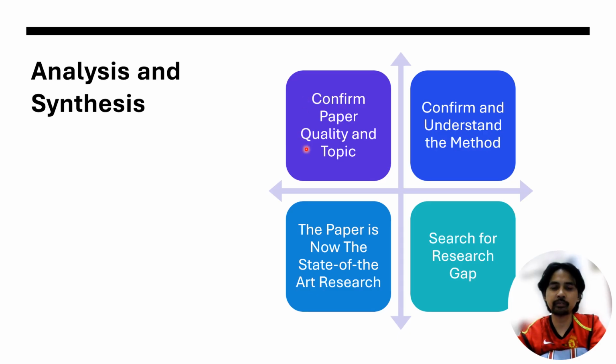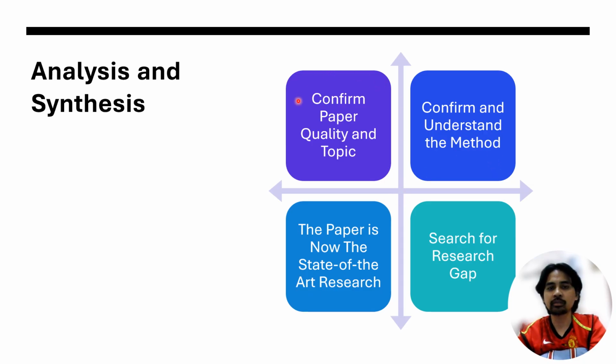First, you need to confirm that the paper is good in quality, and you have done that by defining that it is legitimate. And after you have defined that it is legit, you have to confirm the method inside by understanding the method well.